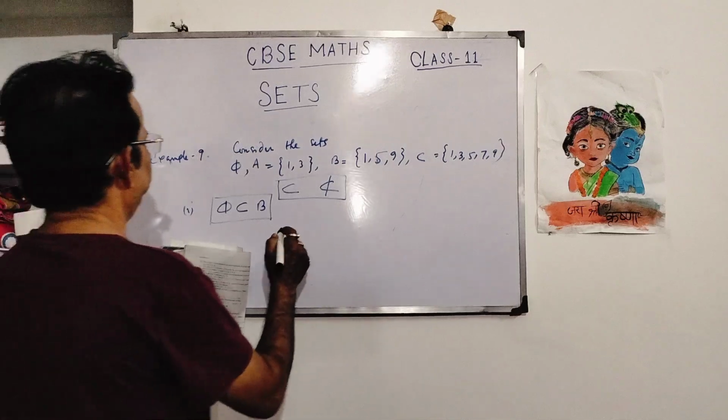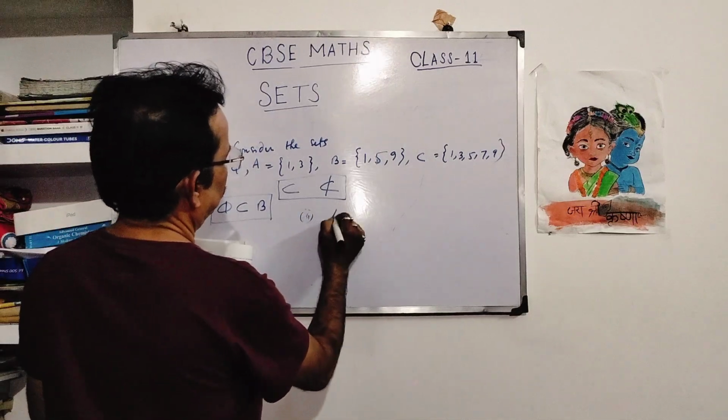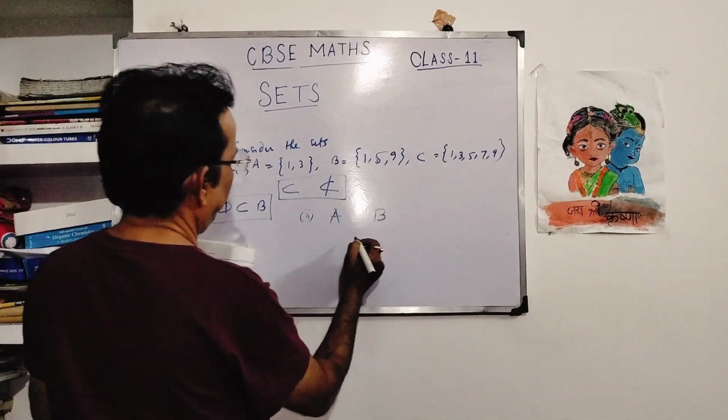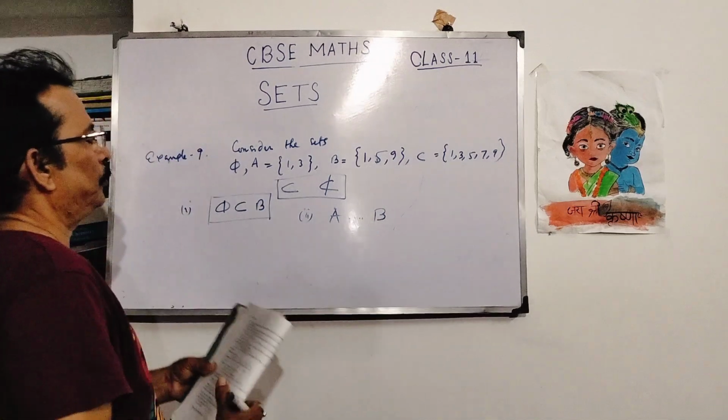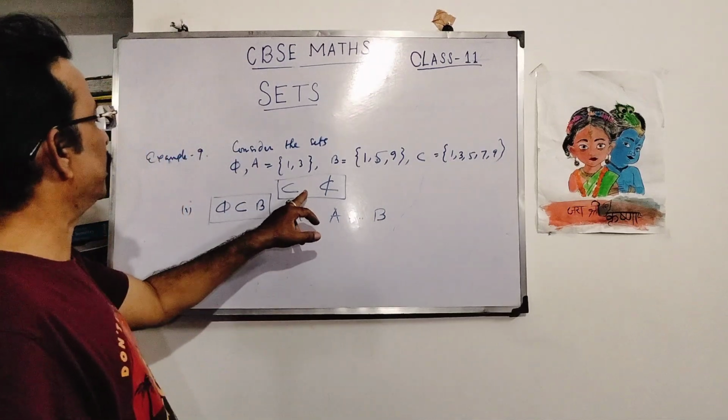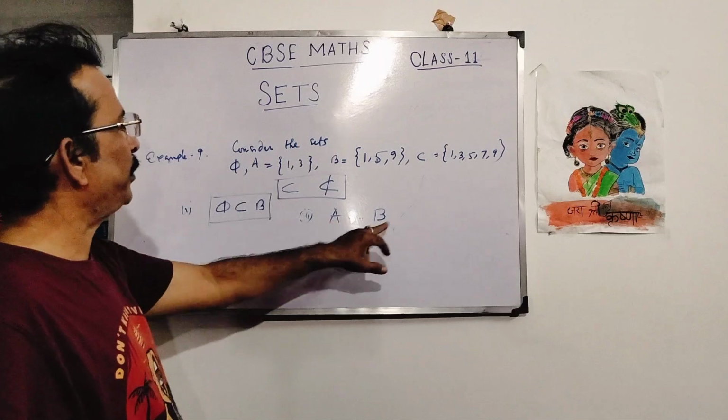Next, A and B. Which symbol is correct for A and B?